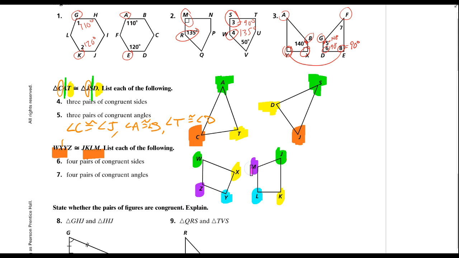Z goes with M. So the 4 pairs of congruent angles would be angle W congruent to angle J, angle X congruent to angle K, angle Y congruent to angle L, and angle Z congruent to angle M.